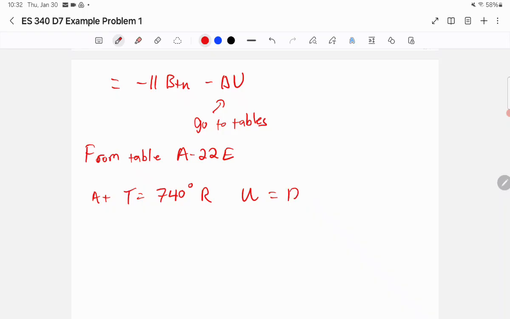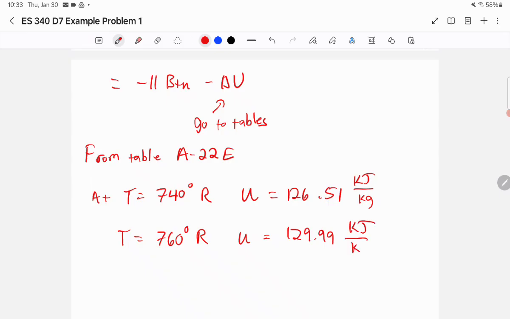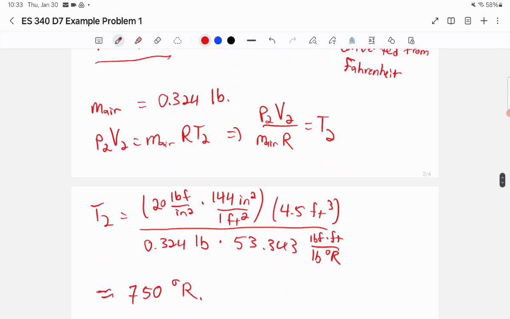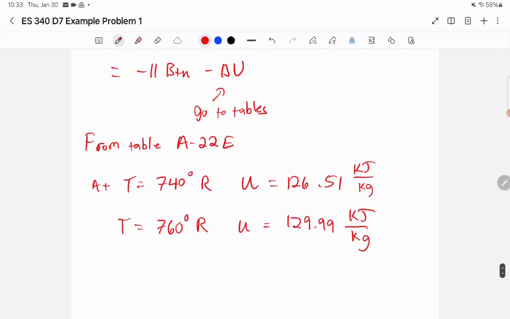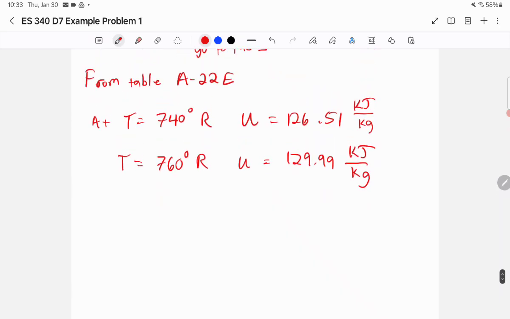And just go to the table and make sure you understand what's going on here. 0.51 kilojoules per kilogram. And at T equal to 760 degrees Rankine, U is equal to 129.99 kilojoules per kilogram. So we're going to have to do an interpolation because we wanted something like 750 degrees Rankine, right? The nice thing is that in this case it's exactly halfway in between, so for a linear interpolation, you can just take the mean.